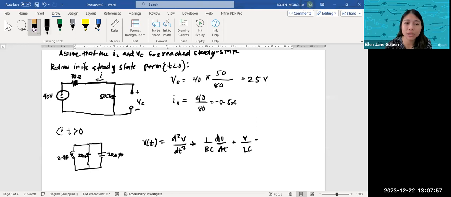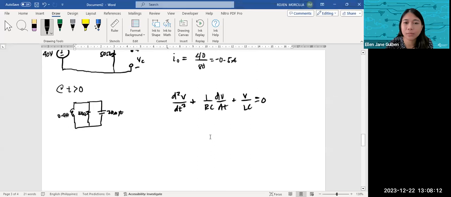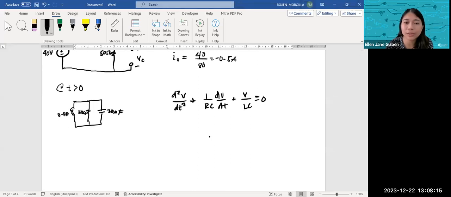So this is the differential equation for the source-free parallel RLC circuit. We'll have to solve for its values. The R is equal to 50, L is equal to 0.4, and C is equal to 20 microfarad.